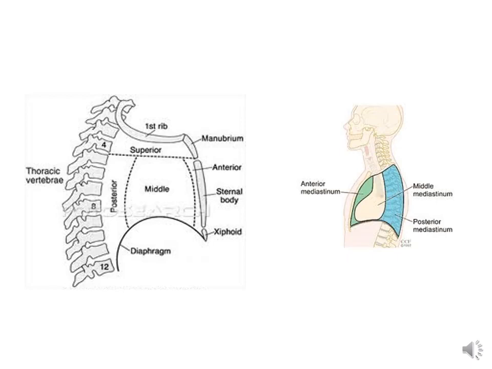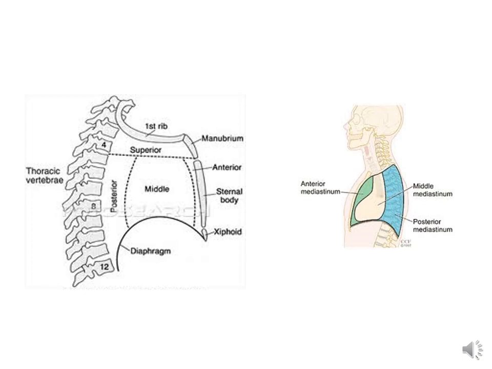The upper limit opens into the neck with the first rib and its attachment to the vertebral column. Anteriorly, it is the notch of the manubrium, or the upper border of the manubrium, which defines the superior mediastinum. On this side, you can see that there is a dry line here, and this contains the superior mediastinum.